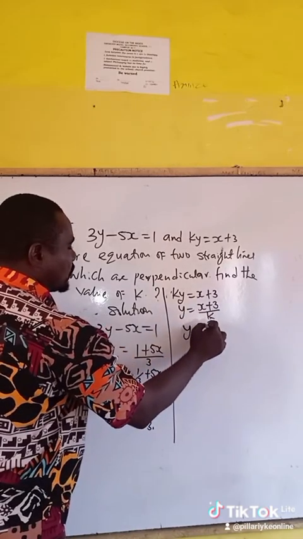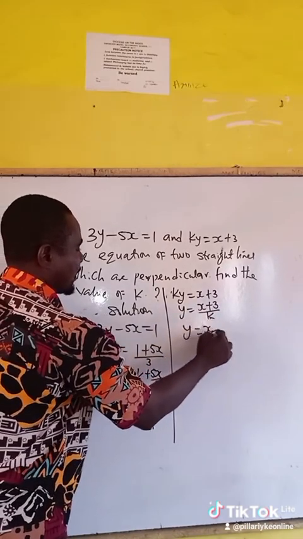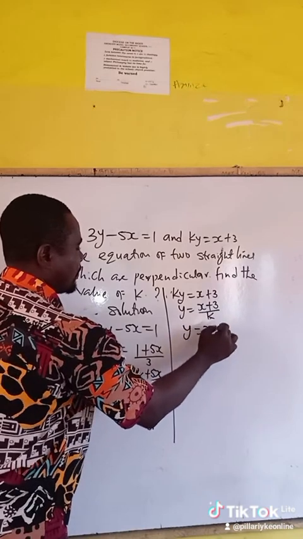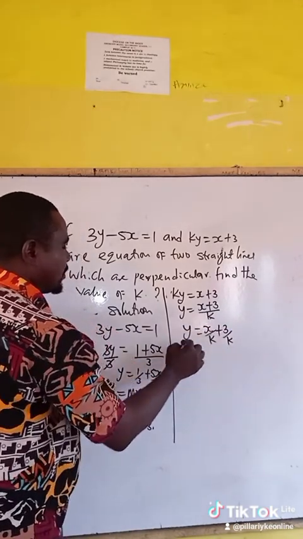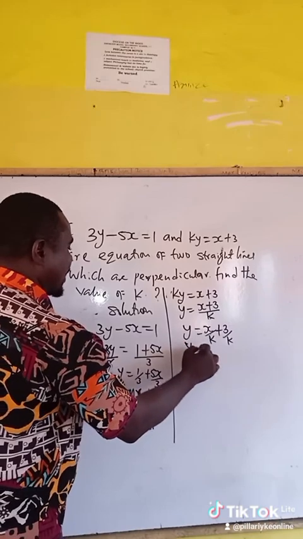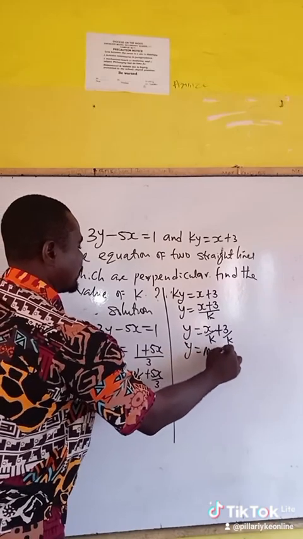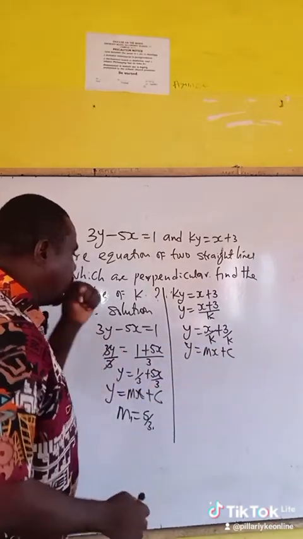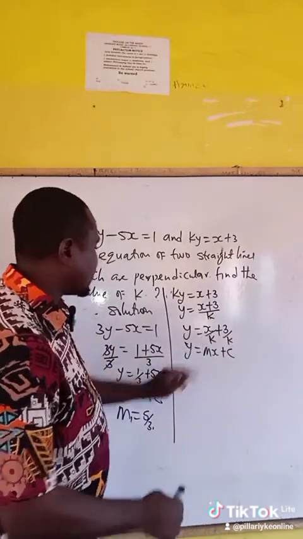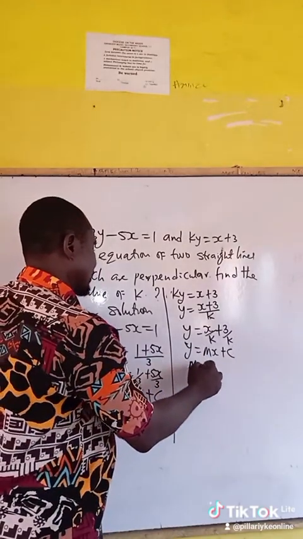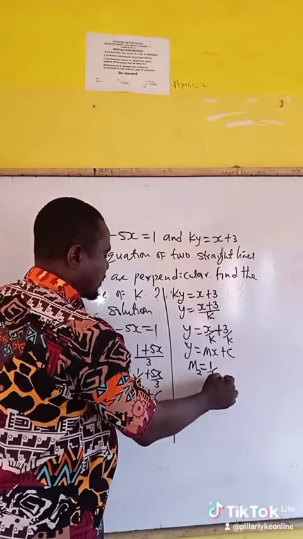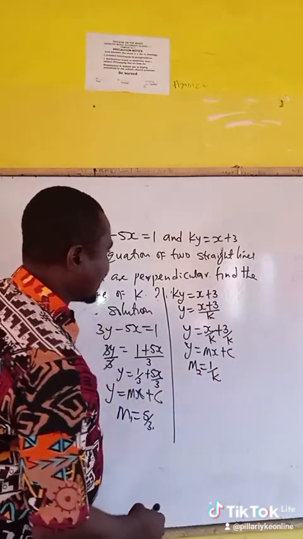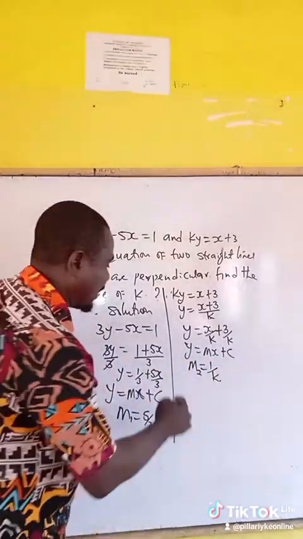So y equals x over k plus 3 over k. Comparing it with y equals mx plus c, we now notice that the coefficient of x, which is the gradient M2, will be equal to 1 over k.